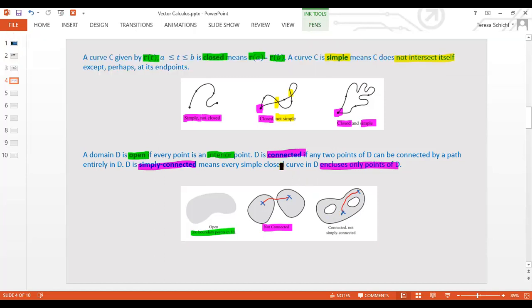If it were simply connected, every simple closed curve would enclose only points of D. Look at this area here. This is a simple closed curve, but it encloses those points here, and those points are not in D. So we say this is connected, but it is not simply connected.